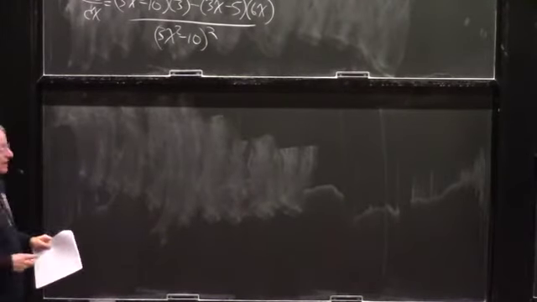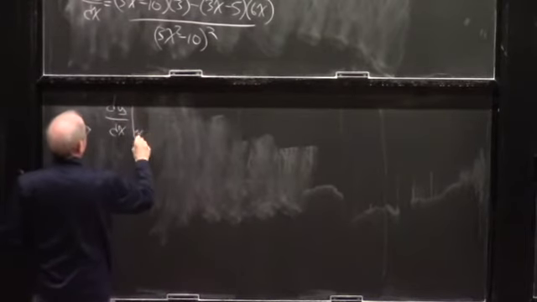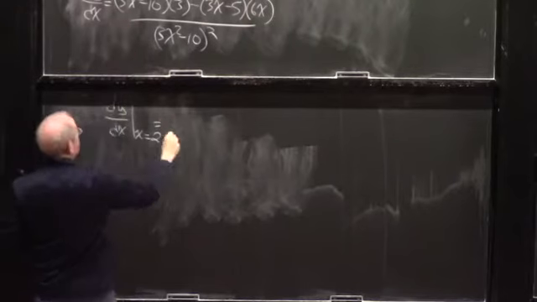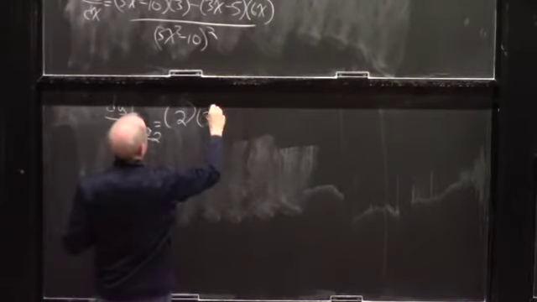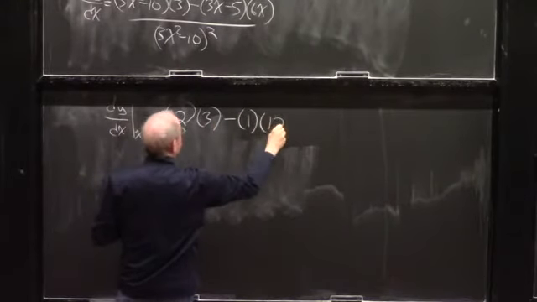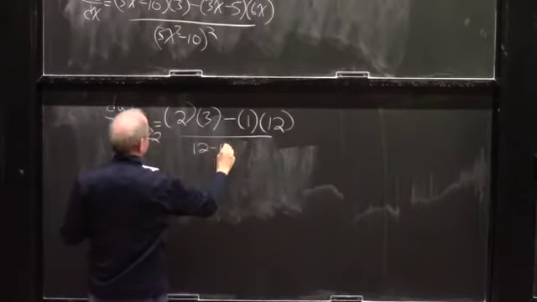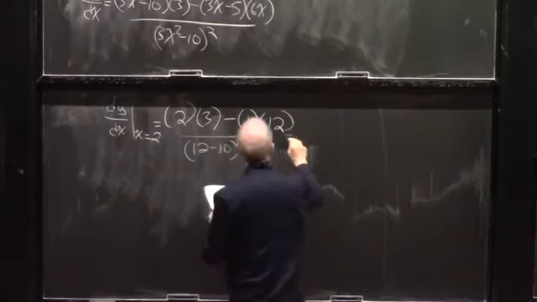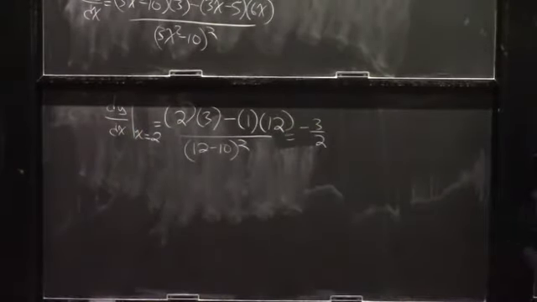Now we have to evaluate it at x equals 2, so we can get the slope. That's going to equal 3 times 4 is 12 minus 10 is 2 times 3 minus 6 minus 5 is 1 times 12 over 12 minus 10, which is 2 squared, which comes out negative 3/2. Nice easy number.